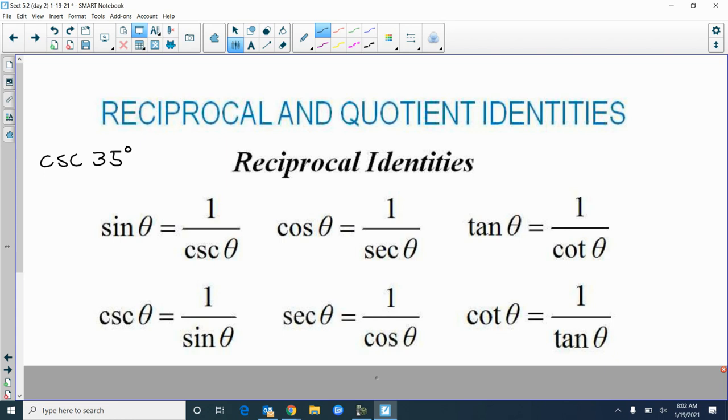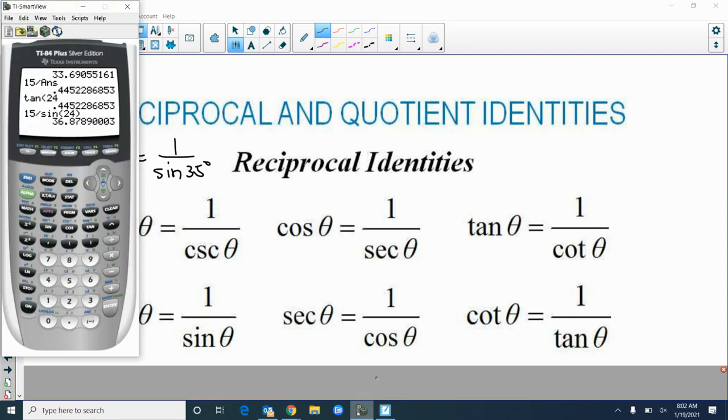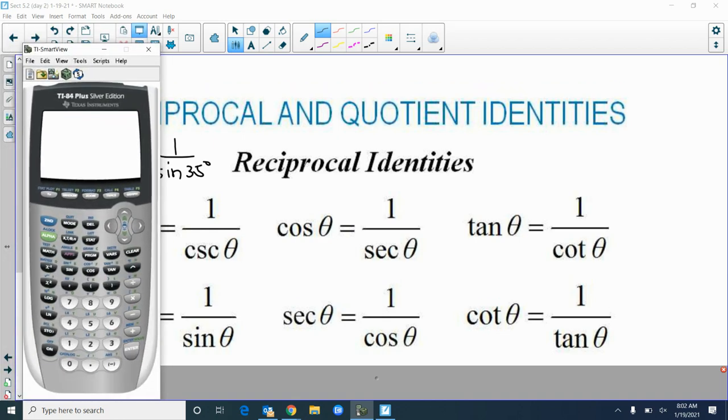Is there a cosecant button? No, but what does the cosecant equal? The cosecant is the same as 1 over sine. This is how you have to use your calculator. So it is equal to 1 over the sine of 35 degrees. That's how you got to calculate it. There is no cosecant button. It is not that little inverse sine button, that doesn't work. So for the cosecant, you got to do 1 divided by sine 35.